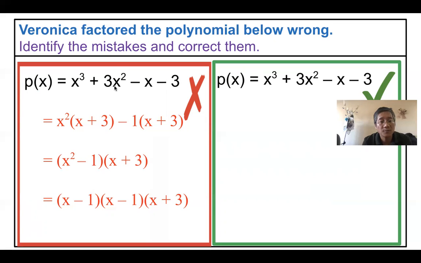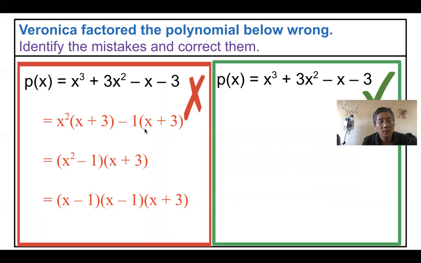So factor by grouping, Veronica factored by grouping. So first 2 terms, x squared times x plus 3. This one minus 1, x plus 3. Is it correct? Correct, right?